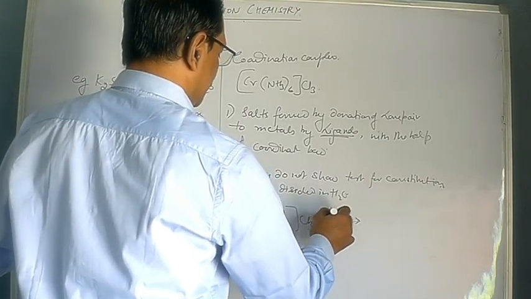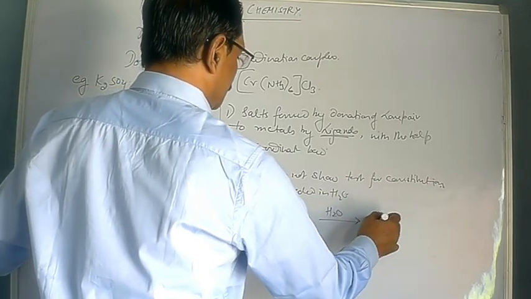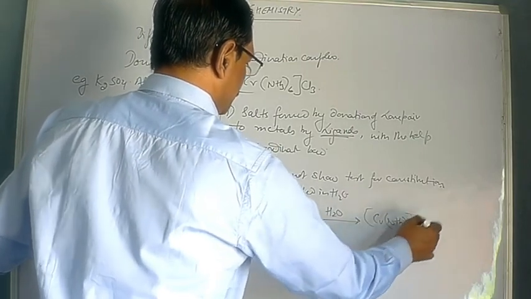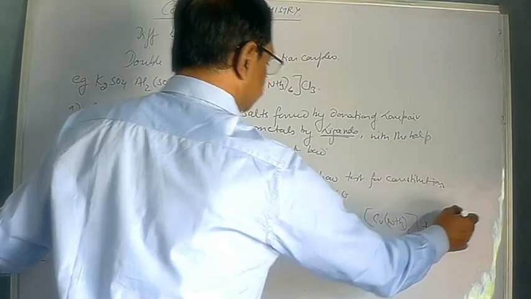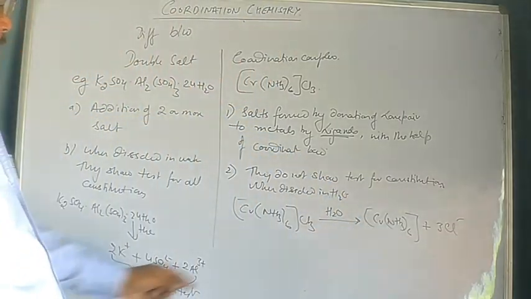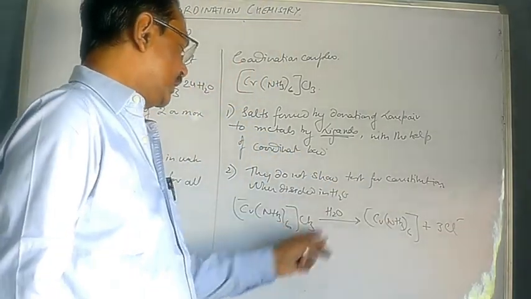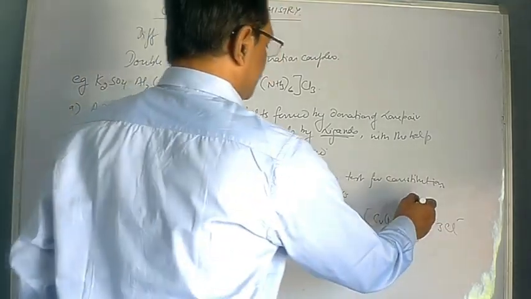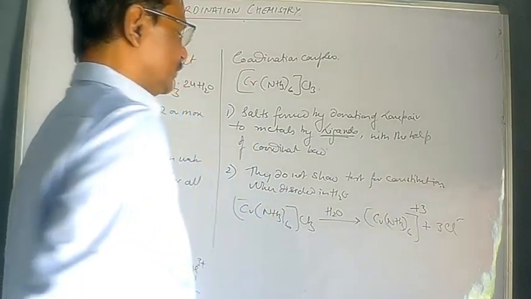When dissociated in water, it gives [Cr(NH3)6] plus 3 chloride ions. Class, pay attention here: 1 chloride has 1 negative charge, so the total charge on chloride is minus 3, and if this is minus 3, then definitely this is going to be plus 3.